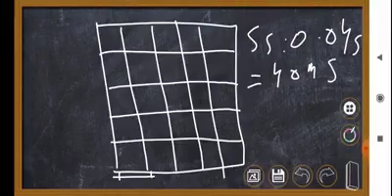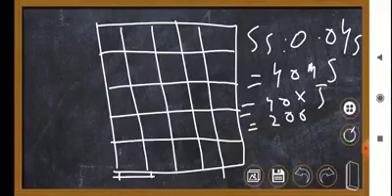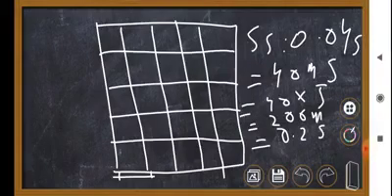And as there are 5 small scales in a large scale, 40 multiplied by 5 is equal to 200 milliseconds, or in other words 0.2 seconds. One large scale is equal to 0.2 seconds.